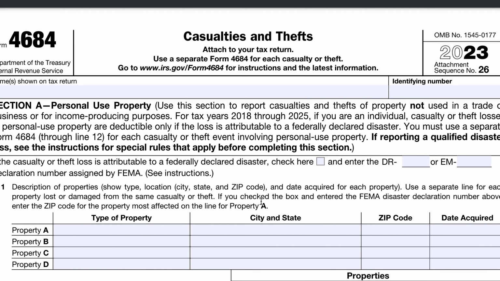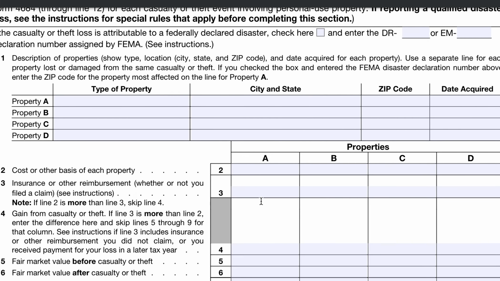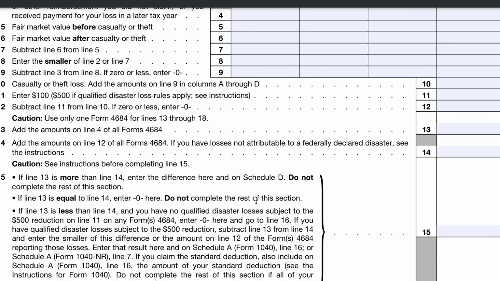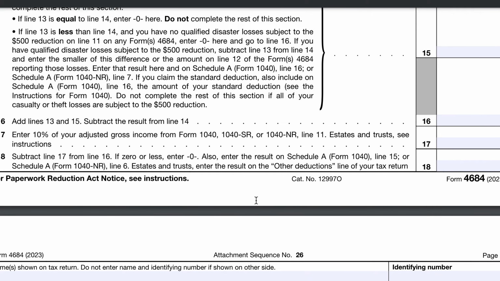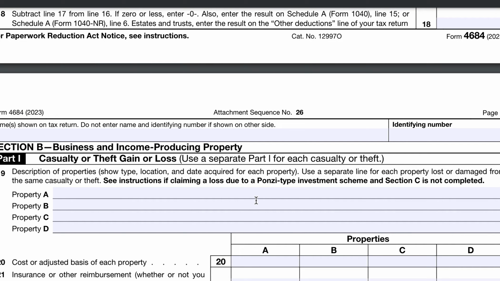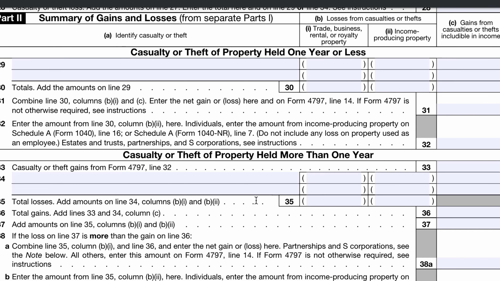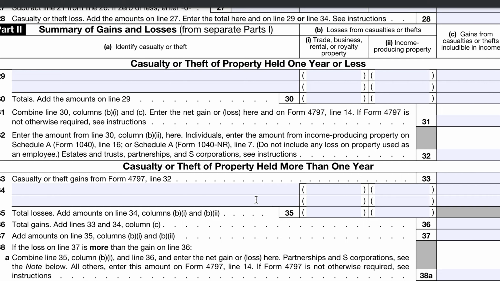You'll need to complete this just to make sure that your tax deduction counts. A few years back, there were some changes to the tax code, which really limited the amount of casualty or theft losses that a taxpayer can claim on their tax return. If it's a casualty, generally speaking, it has to be a named casualty, like a disaster that would be declared by FEMA, a federally declared disaster. So you'll need to pay attention to that.